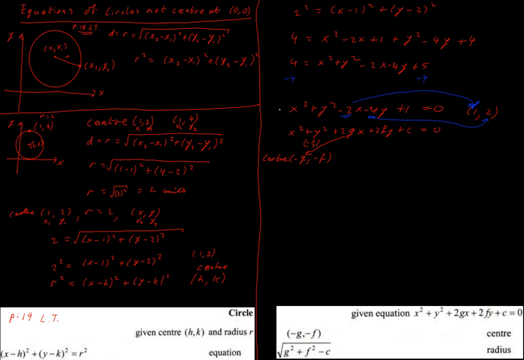In this case, where everything is multiplied out, you take the coefficient of the x, half of it, and change the sign to get the x coordinate of the center, and half and change the sign to get the y coordinate of the center. Whereas in our other equation, we had to just change the signs of the numbers in the brackets, the h and k in our brackets. So it is critical that we open up page 19 for all of these questions to double check how it is we find our center.